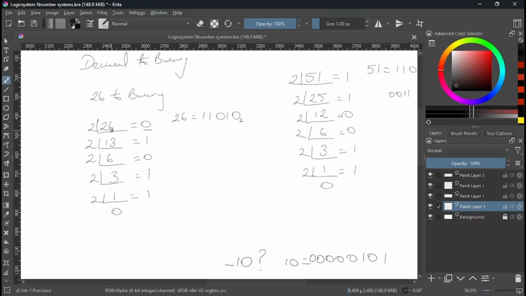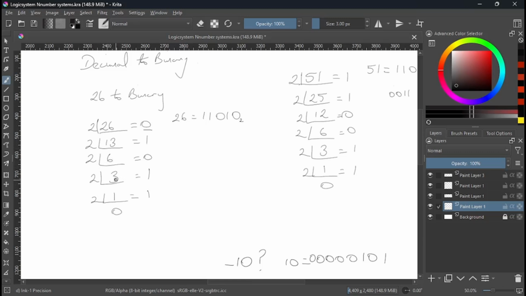So 2 into 26 will give us 13. Okay, and the remainder will be 0. So that's straightforward. 2 into 6, 3. 2 into 2, 1. So 2 into 13 will give us 6, remainder 1. Alright? 2 into 6 will be 3.